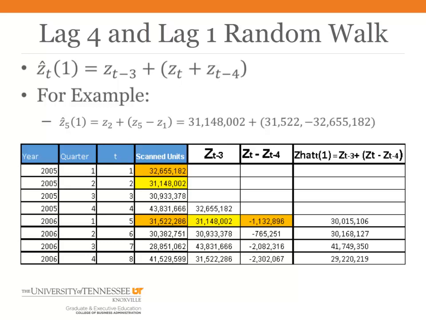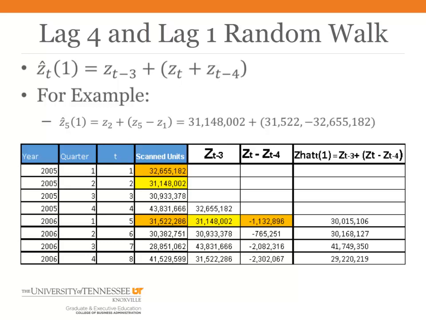Now let's introduce another forecasting rule. In this case, let's suppose I'm starting in first quarter of 2006 and I'm forecasting the second quarter of 2006. And like before, I would start with using the second quarter of the previous year as my forecast. For example, that would be second quarter of 2005, and that quarter and the forecast are highlighted in yellow. But then you might say, the current quarter that I'm in right now is lower than it was last year.